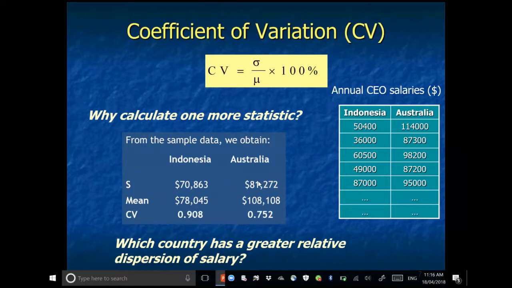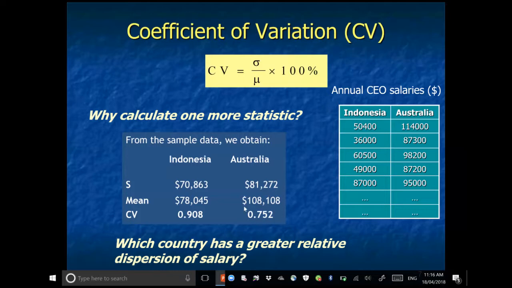Actually, the standard deviation for Australian CEO salaries is only 75% of their mean salary, which is lower than the dispersion for Indonesia, where the dispersion accounts for almost 90% of their average salary. So there must be more inequity in salaries in Indonesia than Australia, although, if you look at just the absolute numbers, Australia seems to have a higher dispersion.